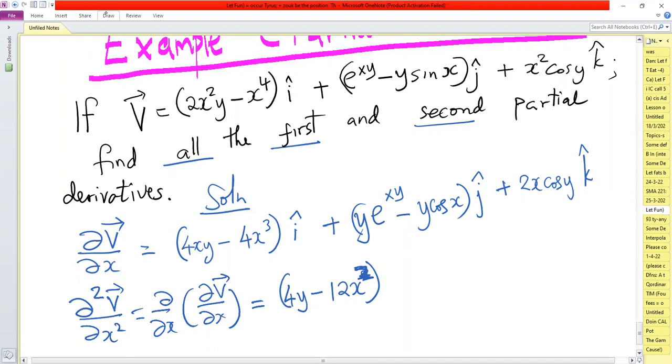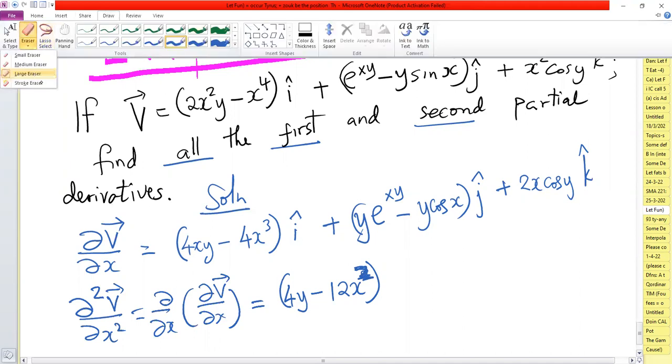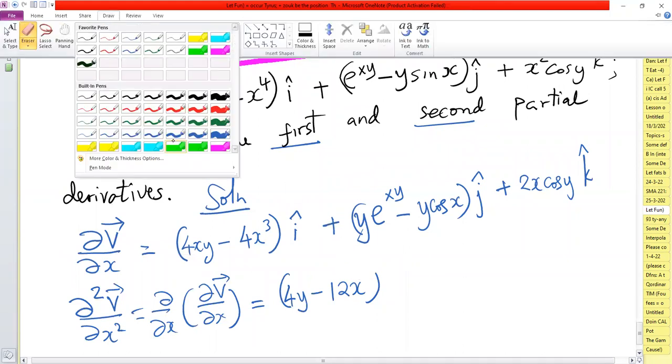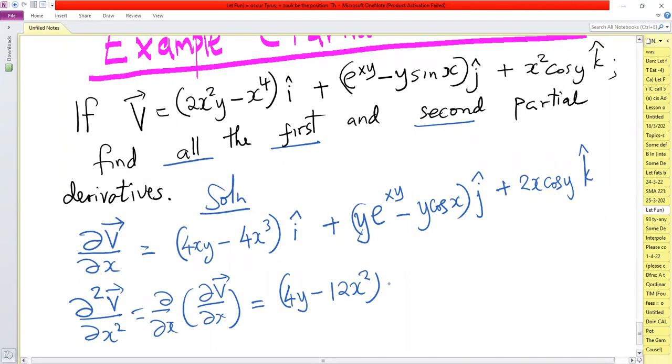And then for the i part, y is just taken to be a constant. So differentiating this power, we get y. So y times y is y squared e raised to power xy. When you differentiate a cosine function, you get a negative sign, so this will now be plus y sine of x j.